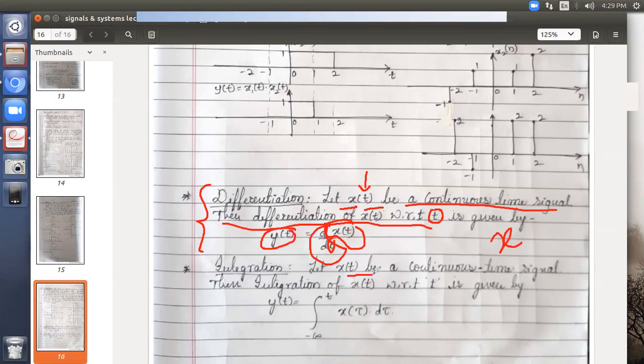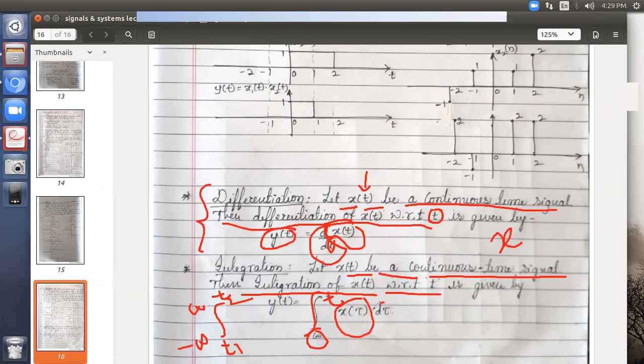Similarly, the way we defined differentiation, we can also define integration. If x of t is a continuous time signal, then the integration with respect to time is given by an integral over some range: minus infinity to t, or t1 to t2 in general, or minus infinity to plus infinity, of x of tau d tau.